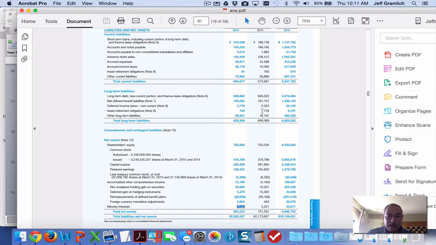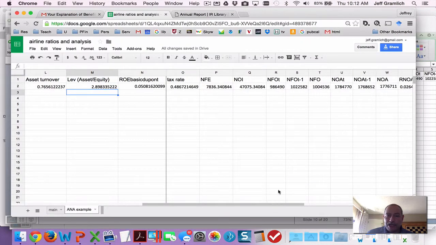We would include the asset retirement obligations, the pension benefit obligations, the short-term loans, the asset retirement obligations, and the minority interest from 2014. And that will get us this number, the net financing obligations from the prior year.